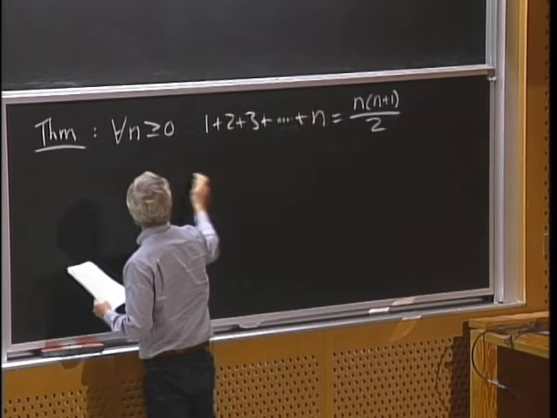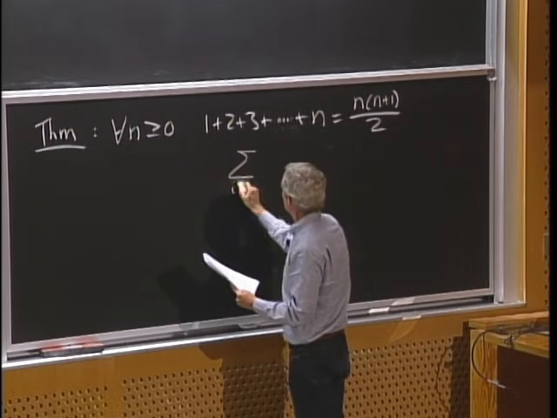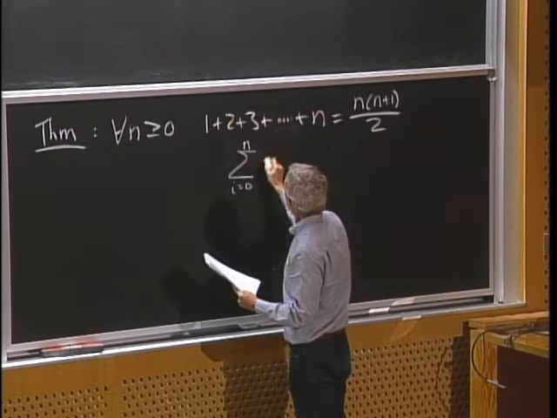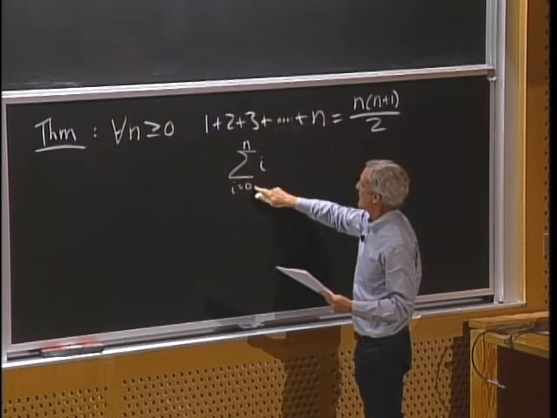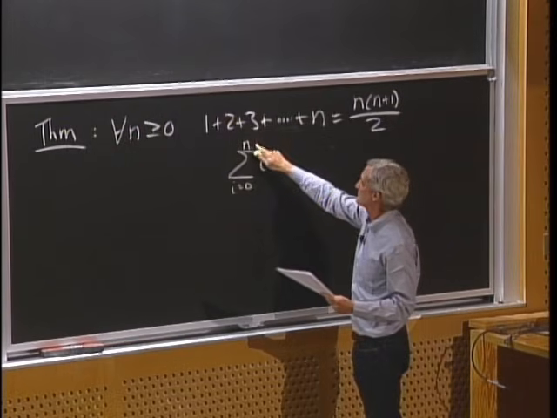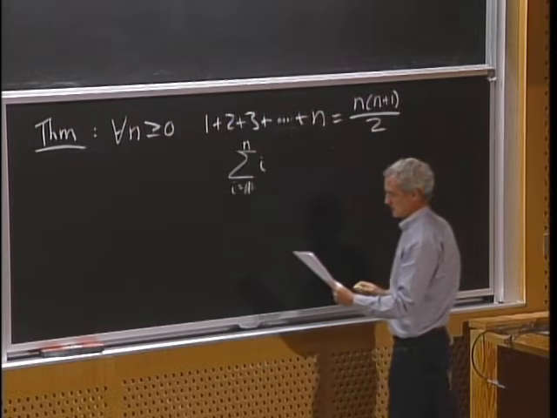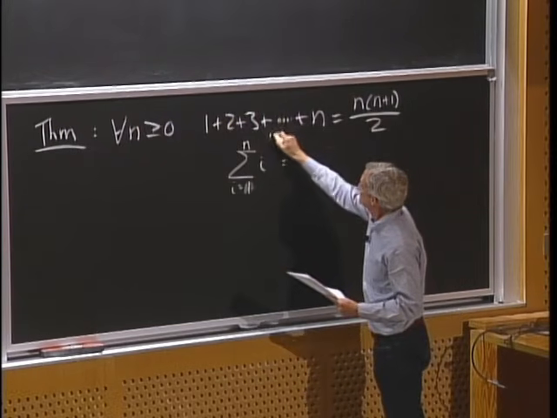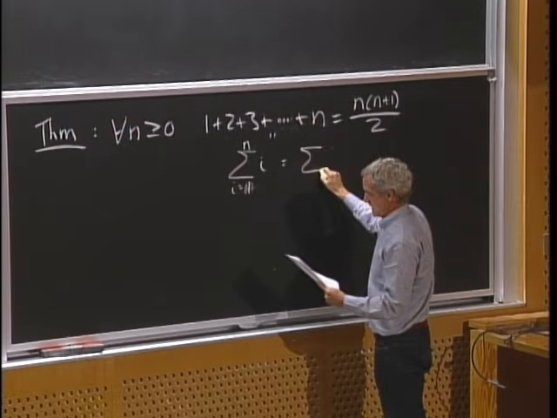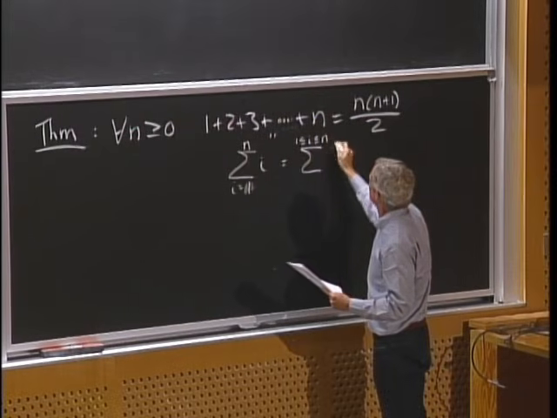Because that's so vague, there's other terminology we use for this. For example, we would use a big capital sigma, i equals 1 to n of i. That means the sum of i, where i ranges over the integers from 1 to n inclusive. Another way to write this, these are all equivalent ways, is you could put 1 less than or equal to i less than or equal to n of i.